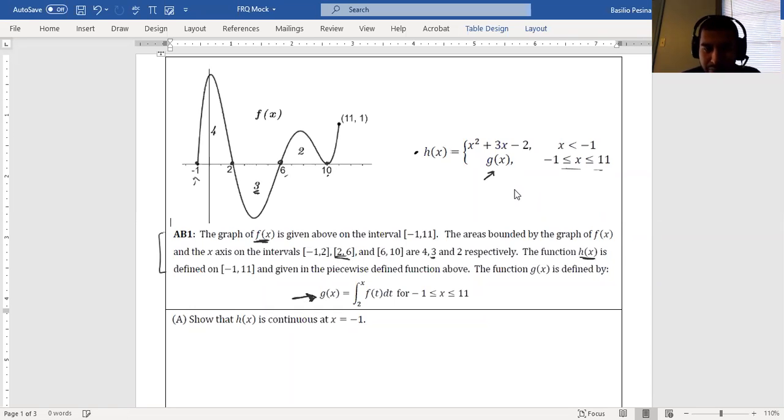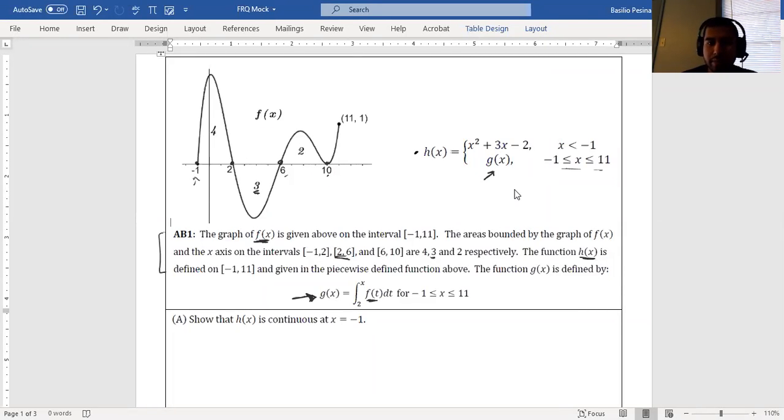This is what I would have written down somewhere on our paper. It says g of x ties back to the f function as the integral from 2 to x, given this domain. All of this, guys, we've actually seen on the previous free response questions, but we're going to see how else they do it.